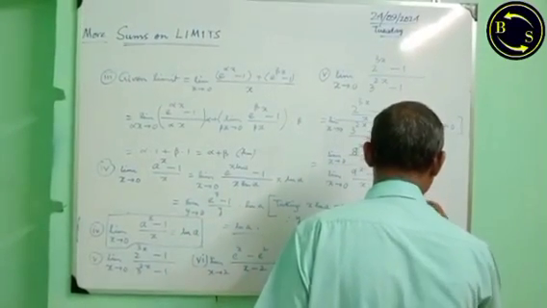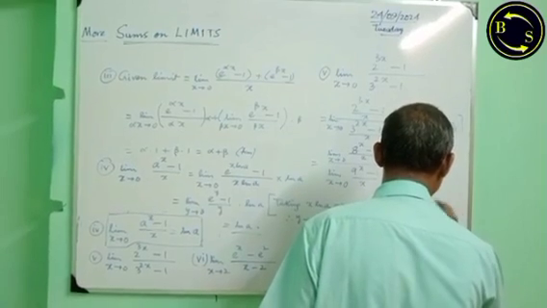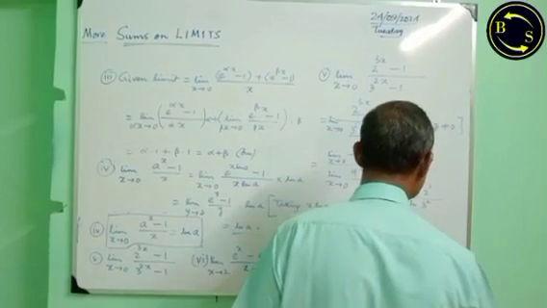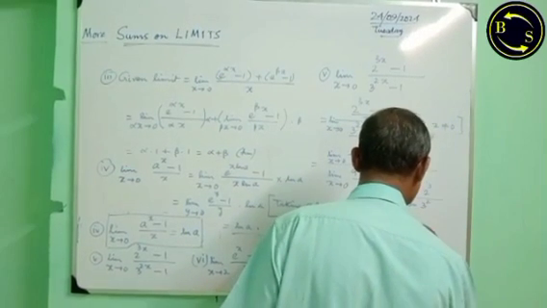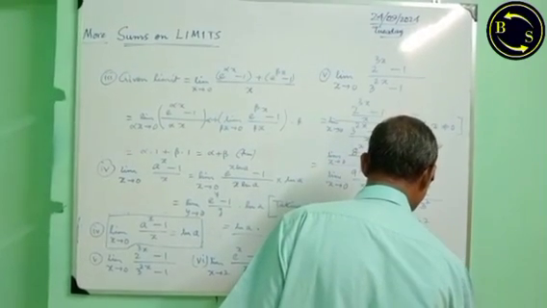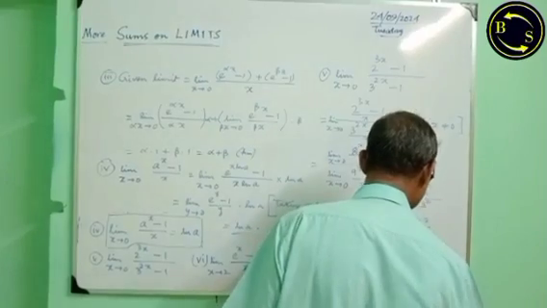And log of 8 means log 2 cube, and this is log 3 square, so 3 log 2 by 2 log 3.